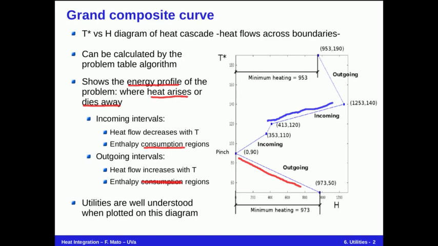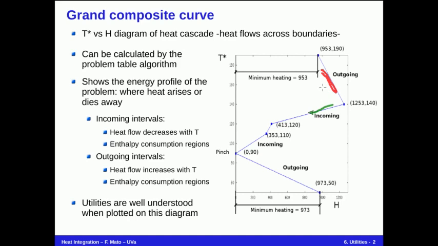In particular, this diagram is very useful to understand utilities when plotted on it. Remember that inside the grand composite curve there are hot and cold streams recovering heat perfectly between them at each temperature level. And then what is represented in this curve is the excess or defect heat flow needed.